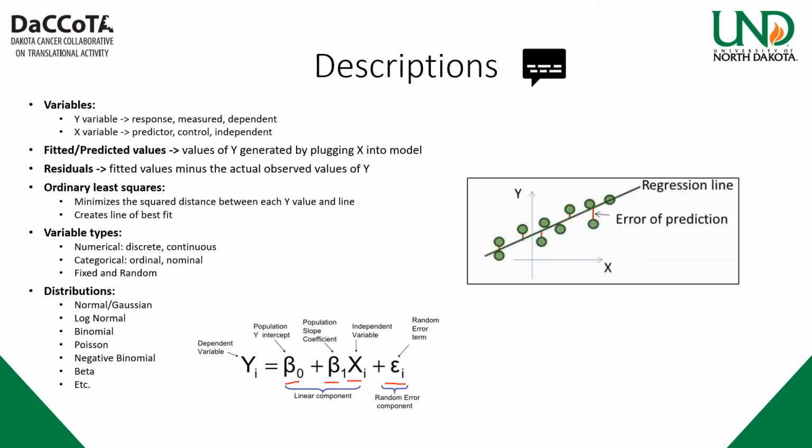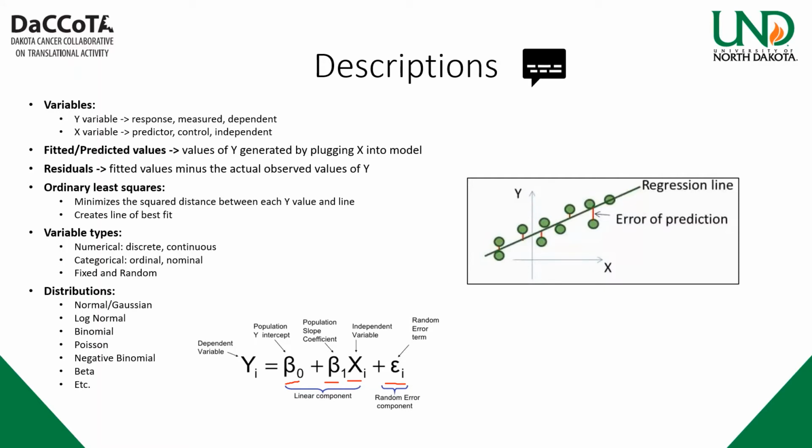We're trying to predict y. It's also essentially the line of best fit if you have a visual plot. So the fitted values are essentially this line, where the residuals are the fitted values minus the actual observed values of y. It's sort of this error prediction line here.